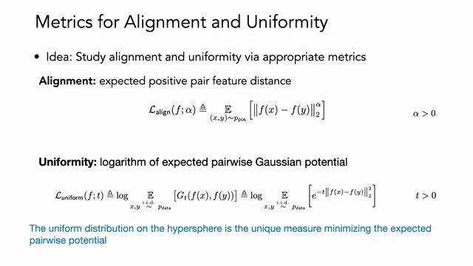And this objective has a lot of connections throughout math. It turns out the solution that optimizes this is the one that maximally spreads out the points on the hypersphere. So the uniform distribution on the hypersphere is explicitly the solution to this. And so now, the uniform distribution on the hypersphere becomes the unique measure that minimizes expected pairwise potential between negative pairs.